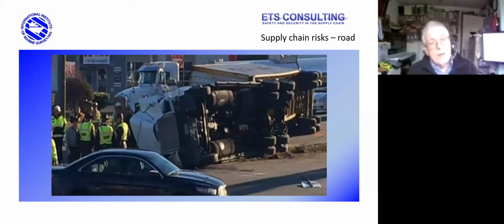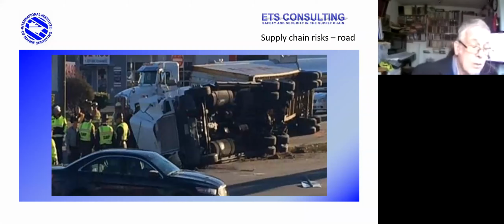In the UK, there are a number of roundabouts where containers coming out of ports have been known to overturn. And one of the issues that the UK police came up with, they blamed the driver for driving too fast round the corner of the roundabout, but it's actually related to poor packing and poor stability of the cargo load. It's a big problem, big issue.